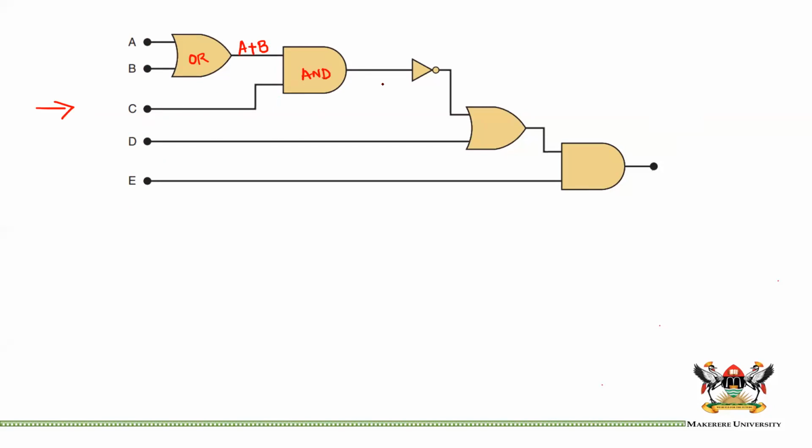And that is inverted, meaning that here you have A or B and C, and the whole term is inverted. So your inverter must go across the entire term.